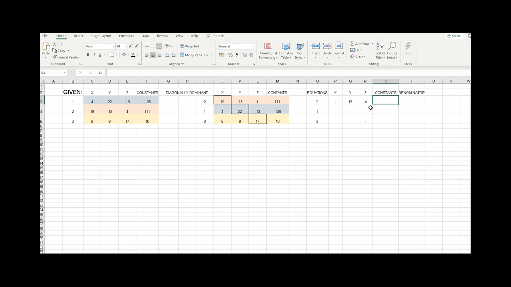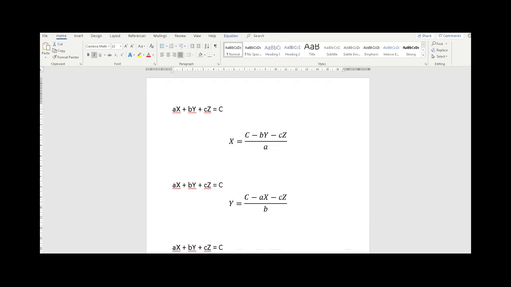So let's just equate it to the same cell as well as this one. Now let's do the other equations, the negative of the quantity of this thing. Okay, so now the denominators. What becomes the denominator is, again, the coefficient of the diagonally dominant element.